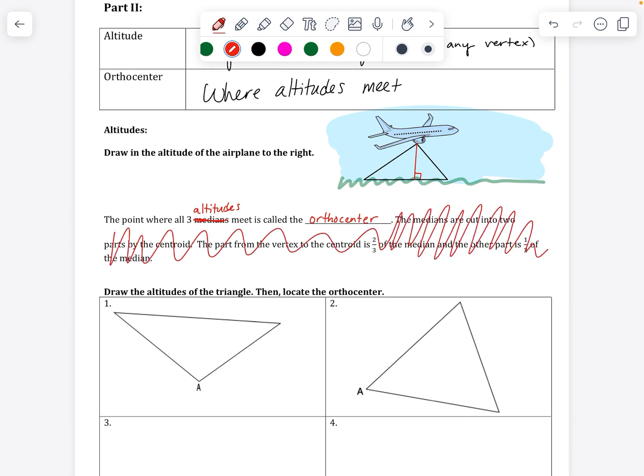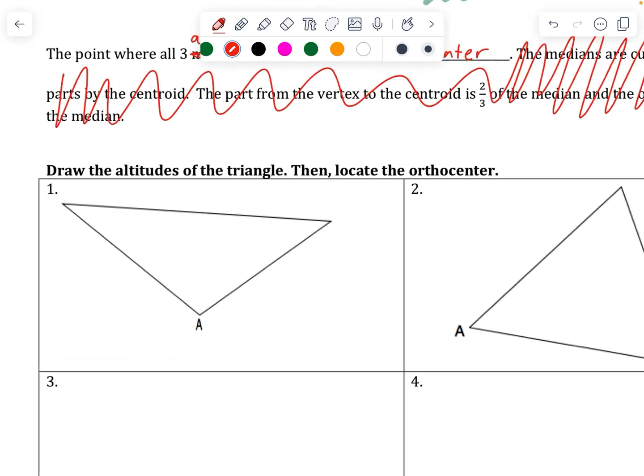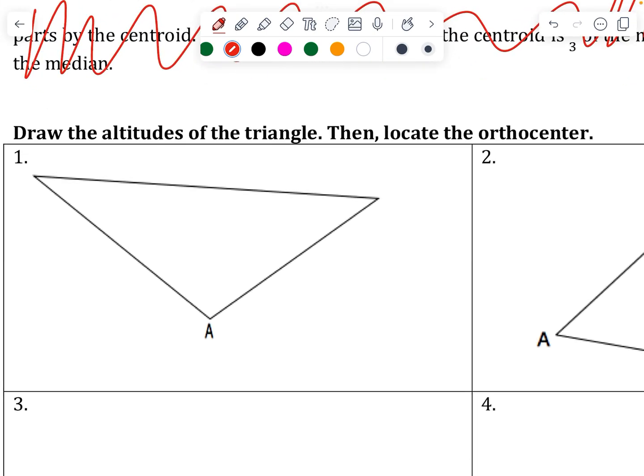There's nothing else really fancy about your orthocenter, but we can use our protractors, or we could just eyeball a nice right angle there.